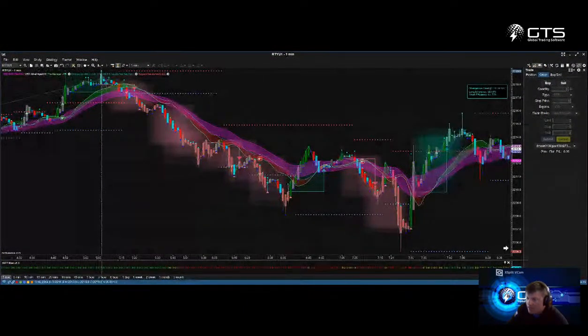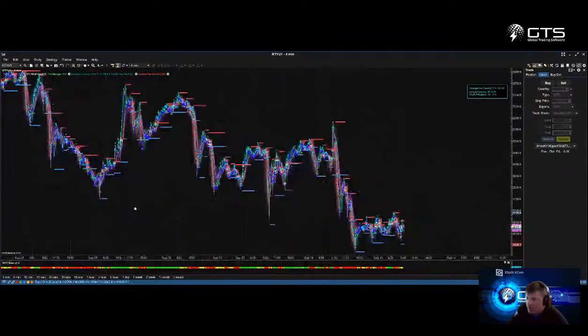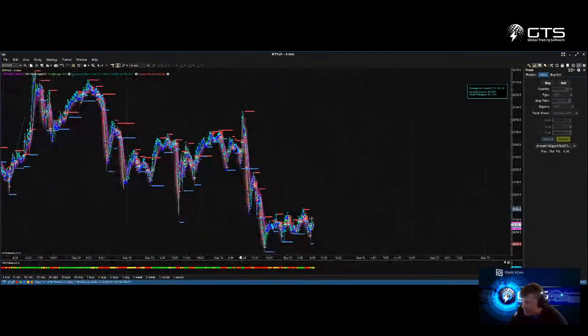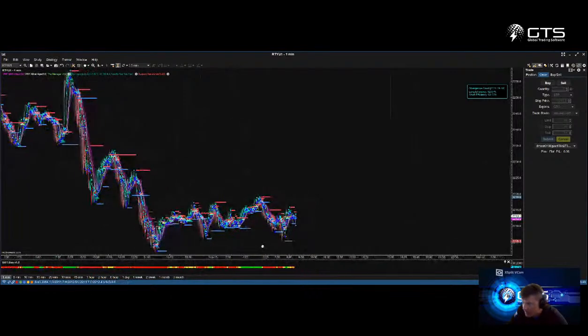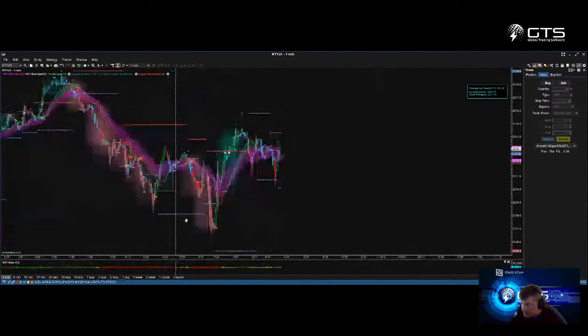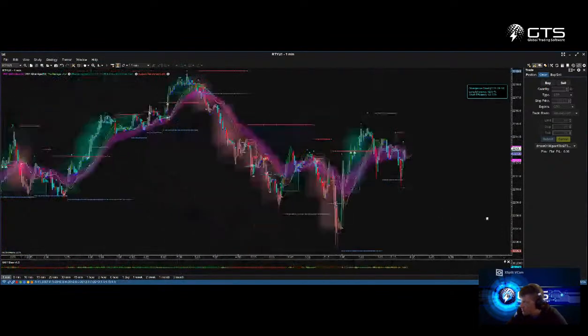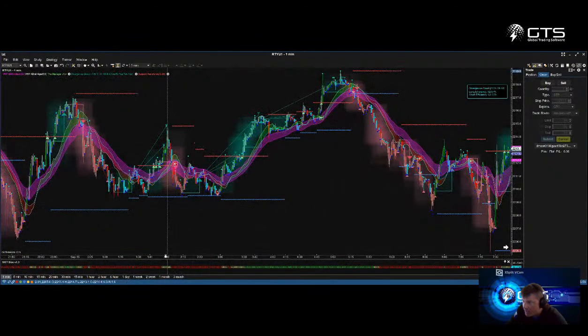All right, let's check the overnight. Whoa. Wow, that was messed up. Check the overnight low here. All right, here we are, 2 a.m., 3 a.m. London Open.